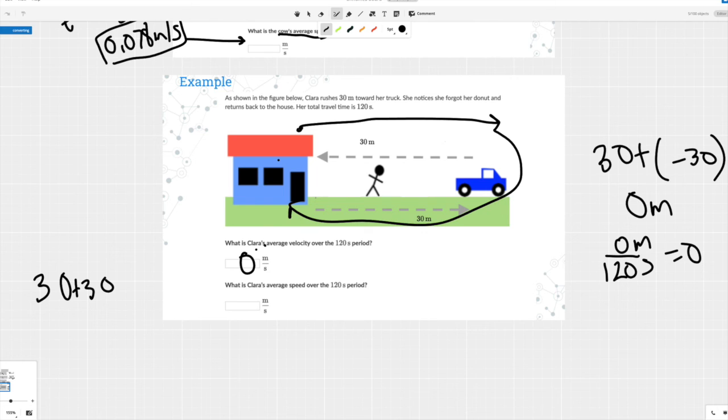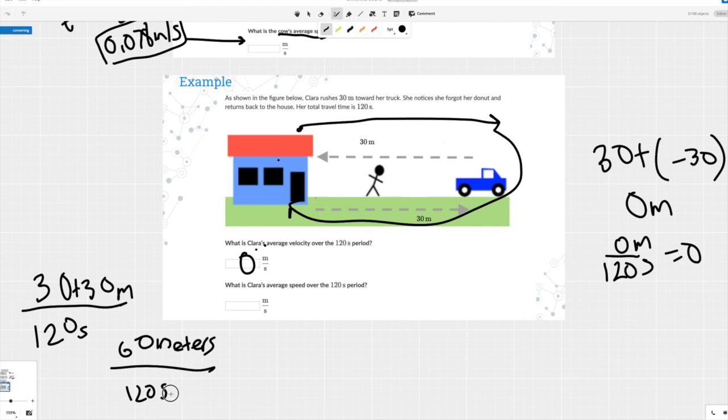So that's all over 120 seconds. So 60 meters over 120 seconds is equal to 0.5 meters per second.